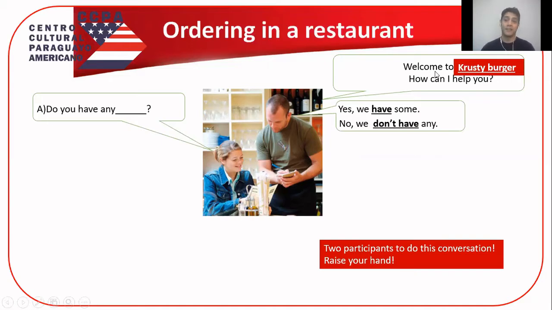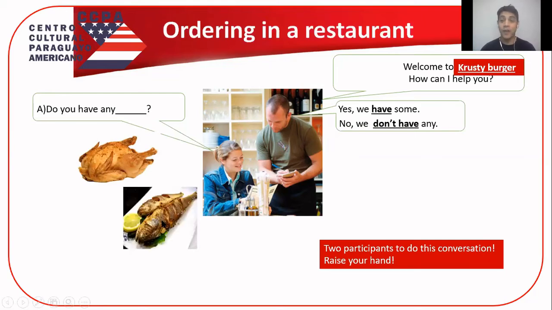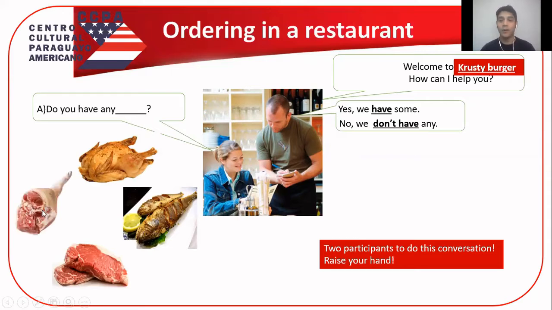So the waiter says, "Welcome to Grassy Burger. How can I help you?" And the customer says, "Do you have any?" And you can start using the vocabulary about food and drinks. So, for example, do you have any chicken? Do you have any fish? Do you have any meat? Do you have any pork?